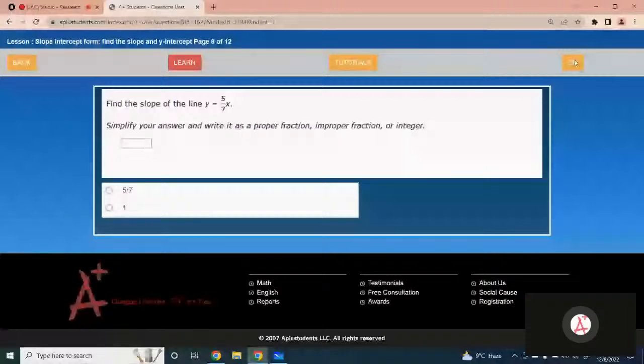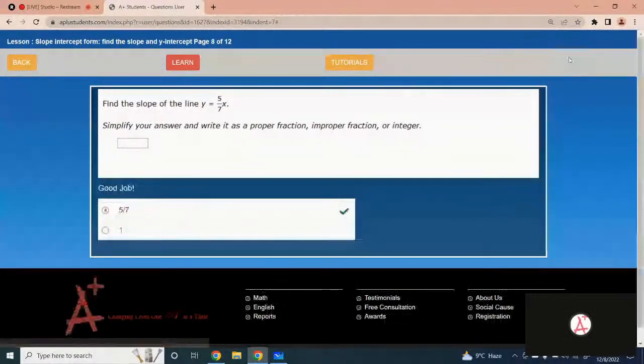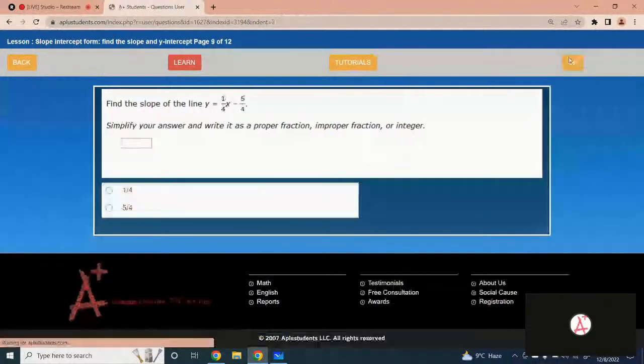That is y equals 5 over 7. So you have to find the slope for the equation. It would be 5 over 7. Got it? Just select the correct option, then click on the OK button. Okay, what is the slope of the line y equals 1 by 4x plus negative 5 over 4?